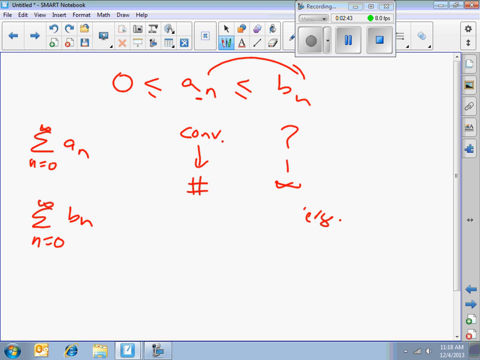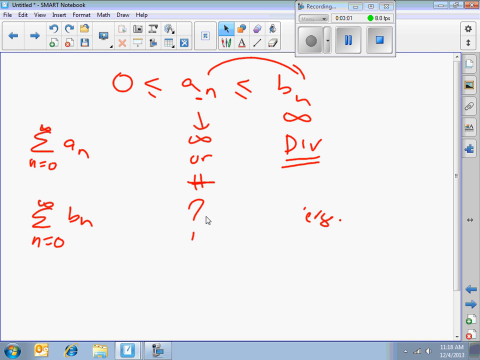I would never know. So sometimes the comparison test isn't going to tell you what you need to know. Likewise, if b sub n is divergent, it's going off to infinity, a sub n can be going off to infinity, or it can be going to some number. We just don't know. So you've got to choose what you're comparing carefully.